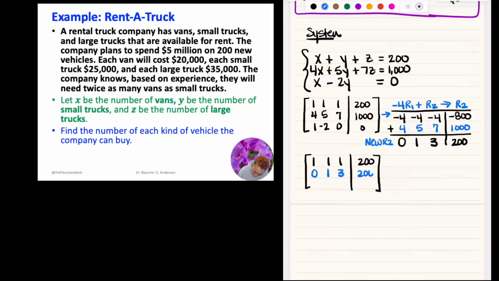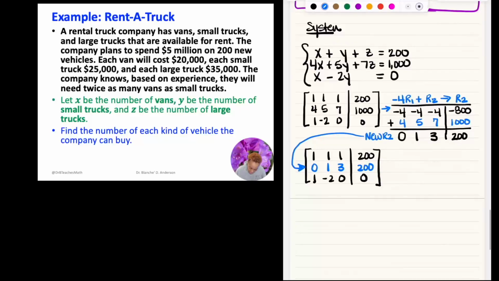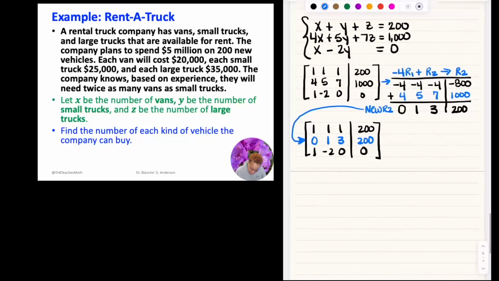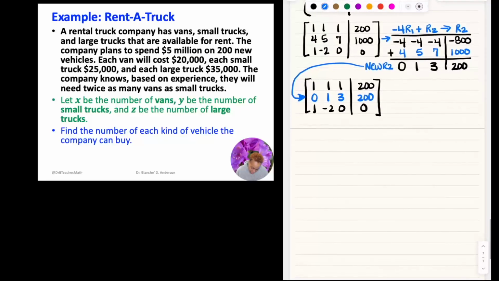And then when we move on to the next problem, I'll put it back to black, okay? How about that? So that's what it looks like. This is our new row 2. So that's our new matrix. So now we start there. So we got rid of the x from the second equation.